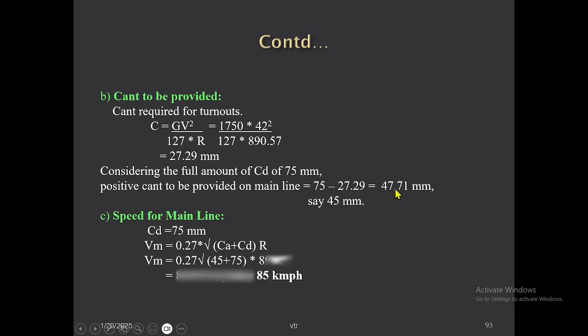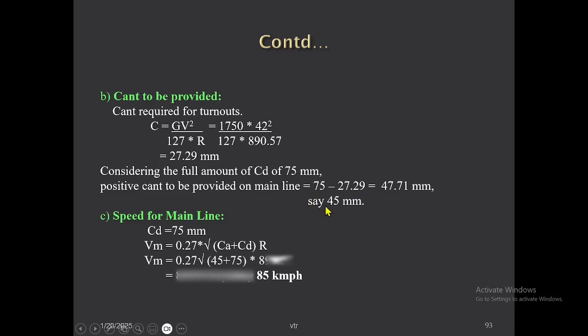So instead of 47.71, we are actually providing 45 mm to the main line. Okay, this is the positive cant we are providing in the main line. Of course, it is the negative cant of the turnout side. Though a negative cant of about 27 mm is required, the cant deficiency is only 75 or less, which is permissible. So the cant provided in the main line is now 45 mm.